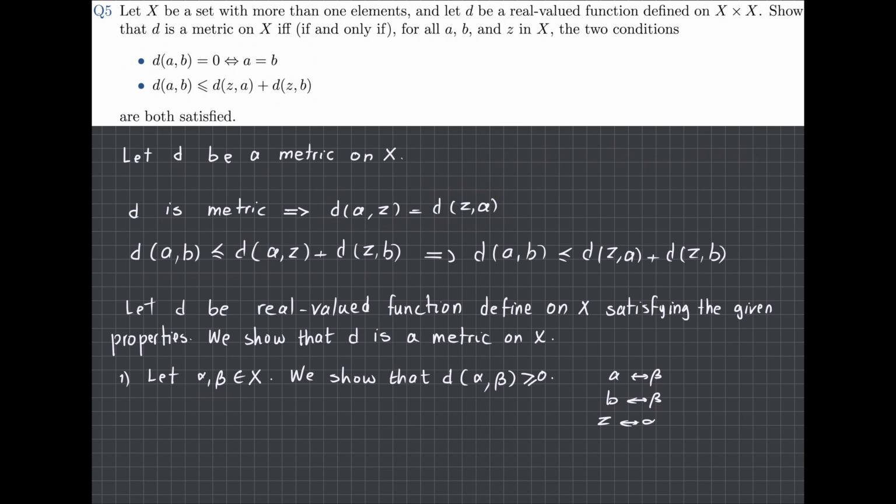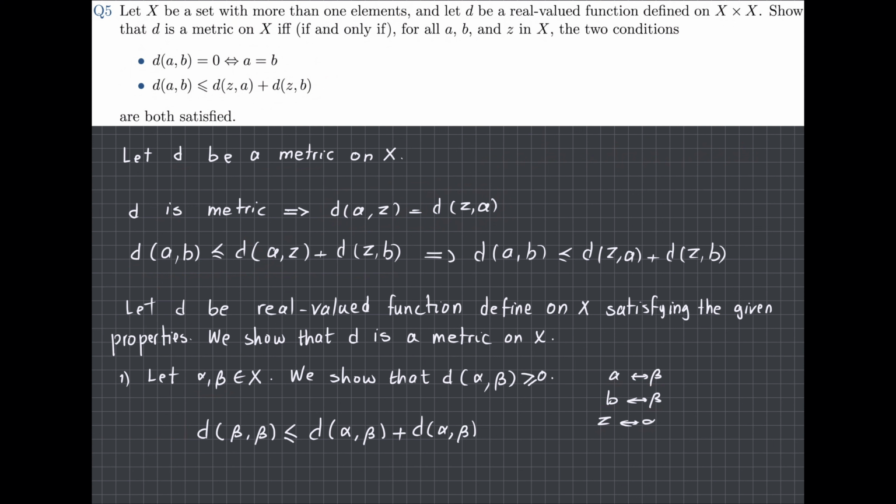Yes, that is possible. Okay, and then let me rewrite that inequality. So the left hand side becomes D. Instead of A, I put beta. Instead of B, I put beta. Less than or equal to D. Instead of Z, I put alpha. Instead of A, I put beta. And then plus D. Instead of Z, I put alpha, and instead of B, I put beta.